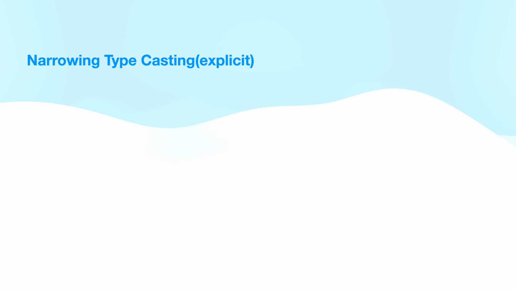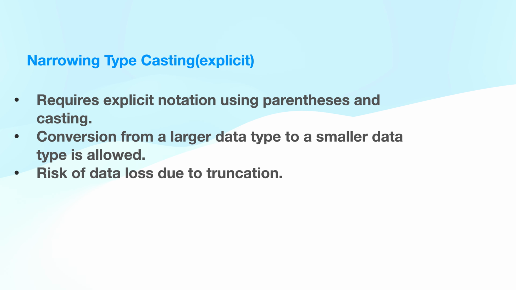Let's talk about narrowing typecasting, or explicit typecasting. Narrowing typecasting requires explicit notation using parentheses and casting. Conversion from a larger data type to a smaller data type is allowed. There is a risk of data loss due to truncation.